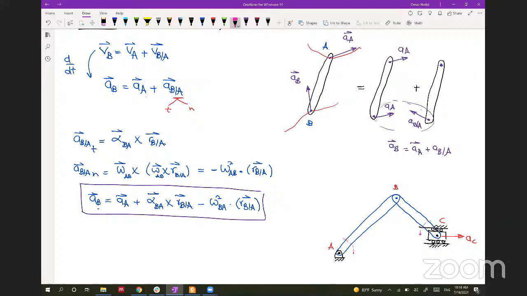And it is different from the velocities, because the velocity will only have one tangential component. But if we want to know the acceleration at B, we will need to put a tangential and normal acceleration. So we will have at B, if this body is moving this way and assuming it's accelerating, the alpha is in this direction. So we will have A_B with respect to C tangent in this direction, and A_B with respect to C normal in this direction.